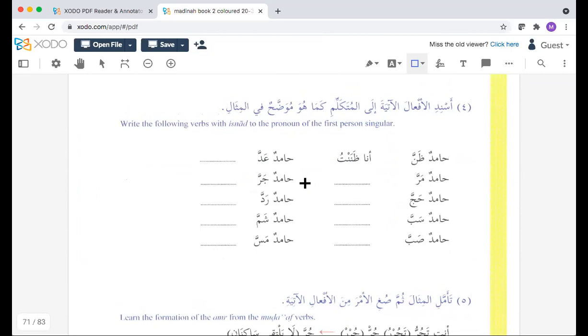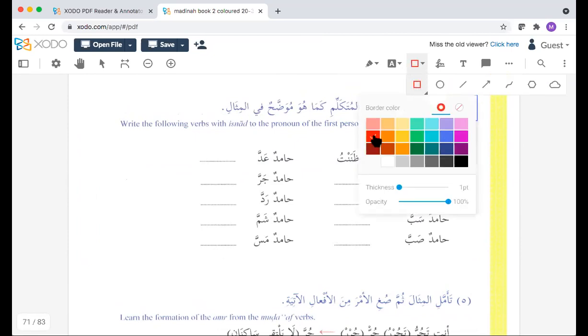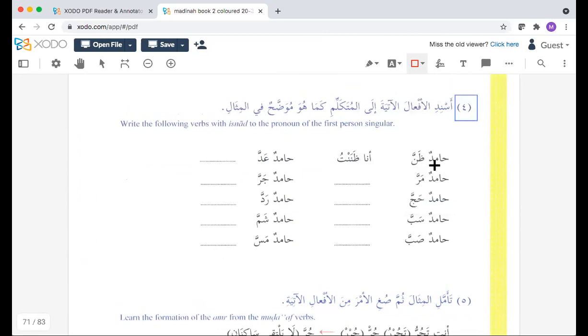So here, in question number 4, Tamreen al-Rabi', fourth exercise, we have Hamidun dhanna, huwa dhanna.